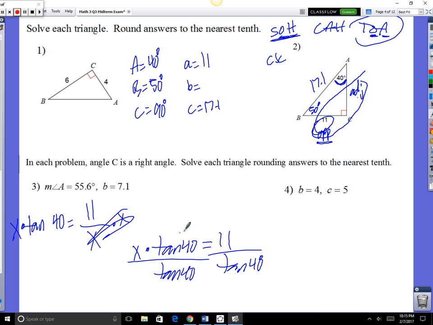So times tangent divide tangent undoes, so now you've got x equals 11 divided by tangent of 40 degrees. And that is 13.1. So little b, this adjacent piece right here, is 13.1.